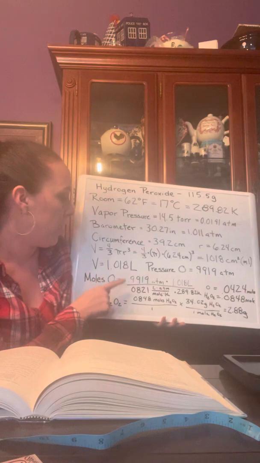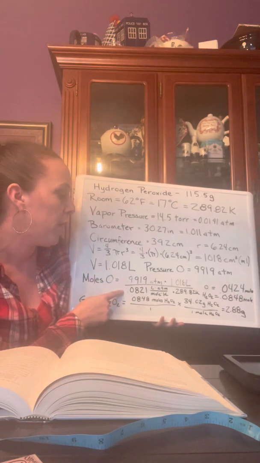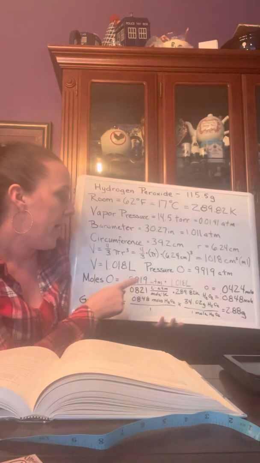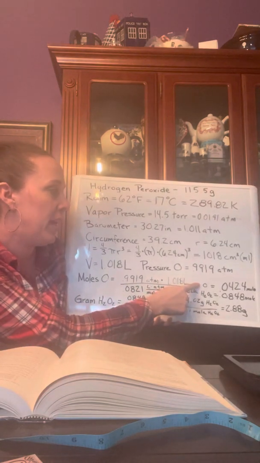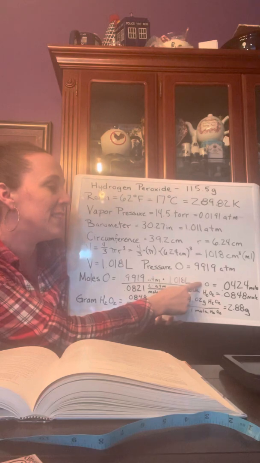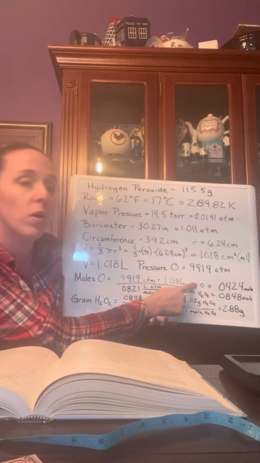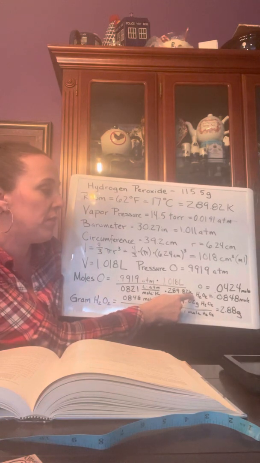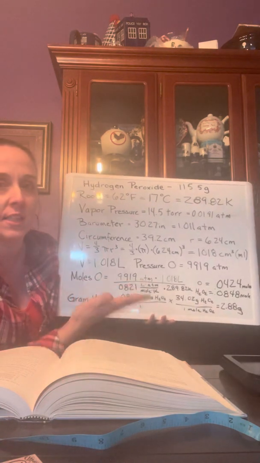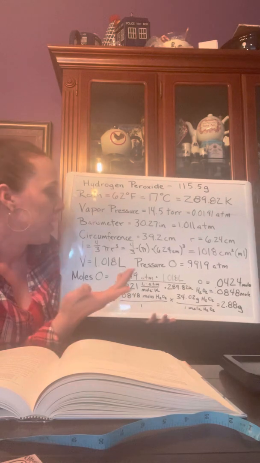Our variable R is this 8.21 or 0.0821, and then we can cancel out units all over the place. And what we ended up with is 0.0424 moles of oxygen. To calculate the moles of H2O2, it's just the same times 2.